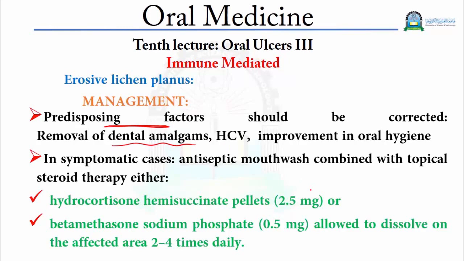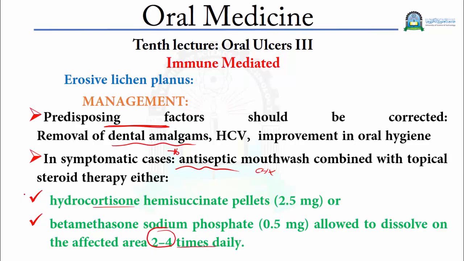In symptomatic cases, you need to prescribe antiseptic mouthwashes such as chlorhexidine mouthwash combined with topical steroids, either hydrocortisone hemisuccinate pellets 2 mg or by adding betamethasone sodium phosphate 0.5 mg allowed to dissolve on the affected area 2 to 4 times daily.